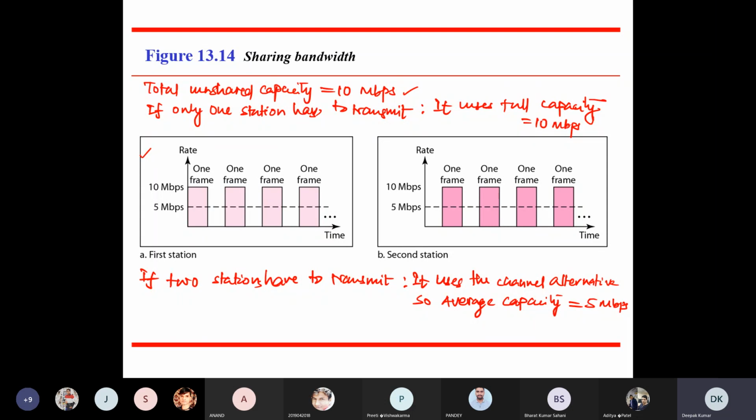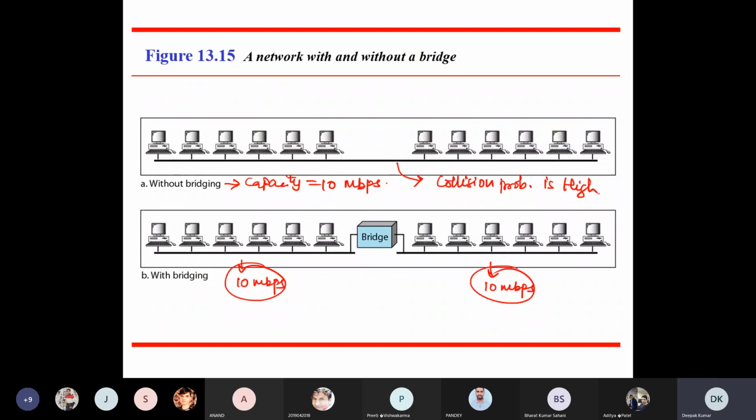Keep in mind. Suppose these nodes, 1, 2, 3, 4, 5, 6 and on to 12, that is 12 stations, are connected through a single wire, a single medium.